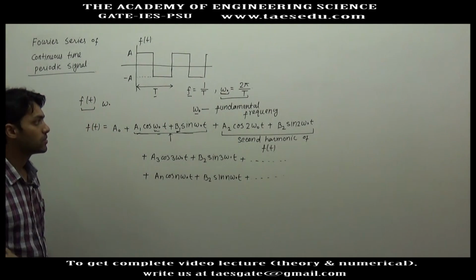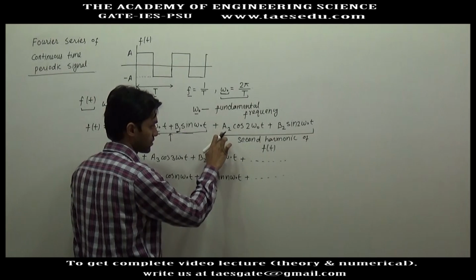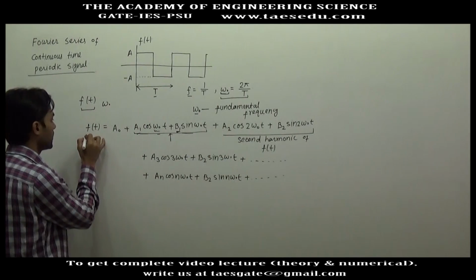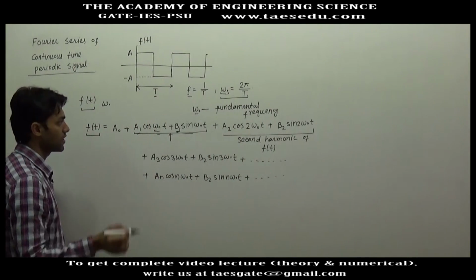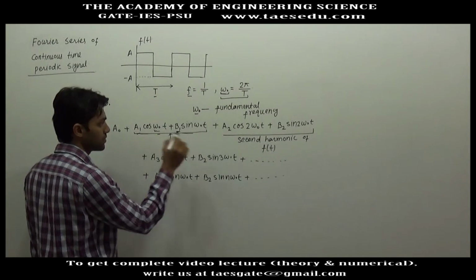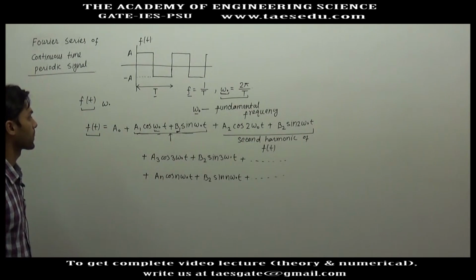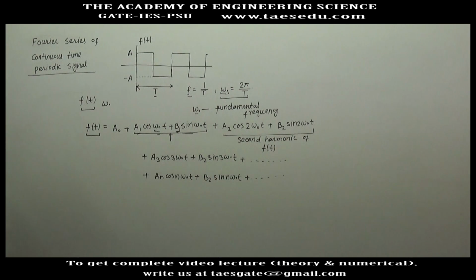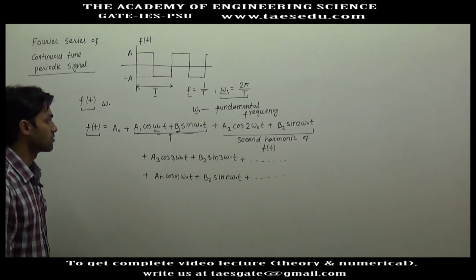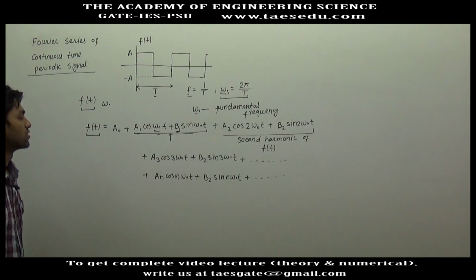So what will be the exact amplitude? If you know the function f(t), you can find out the amplitude of the different components. So now we will derive the formula to find the amplitude of the different harmonics.